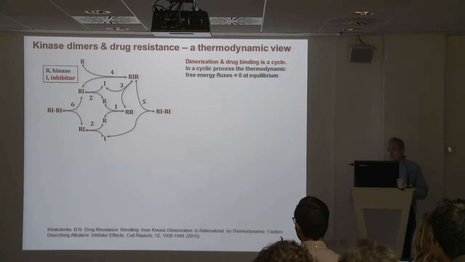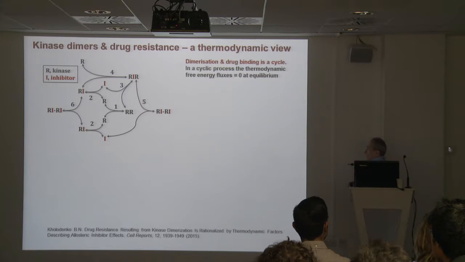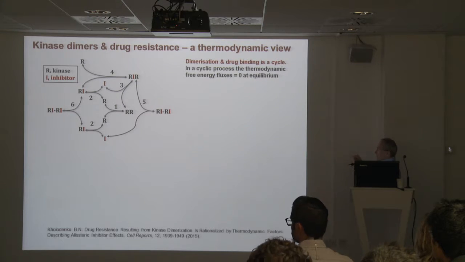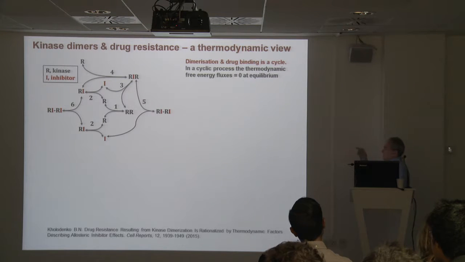And it appears that thermodynamics can answer this question. This is again a kinetic scheme, and this kinetic scheme has cycles. You can easily see that there are cycles in the kinetic scheme. For example, this RIR means kinase-inhibitor-kinase.